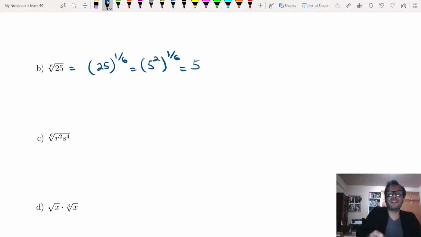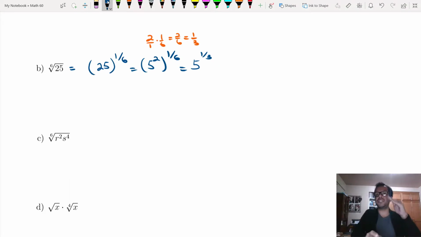So 5 to the, let me multiply this on the side, 2 times 1/6, and in this case, this is the same as saying 2 over 1, right? This is going to give us 2/6. But 2/6 reduces to 1/3. So what are we going to get here? 5 to the 1/3. That's the rational exponent in lowest terms.